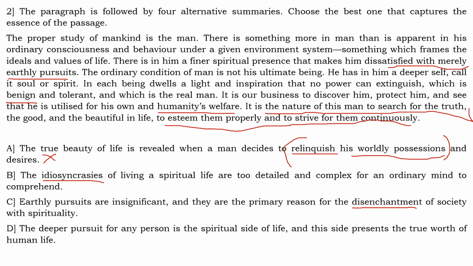The option says that the complexities of living a spiritual life cannot be understood by an ordinary human being. Again, wrong. The passage is only saying that all human beings have this inner soul and spirit and ideals that make them search for the truth. So option B is again wrong.